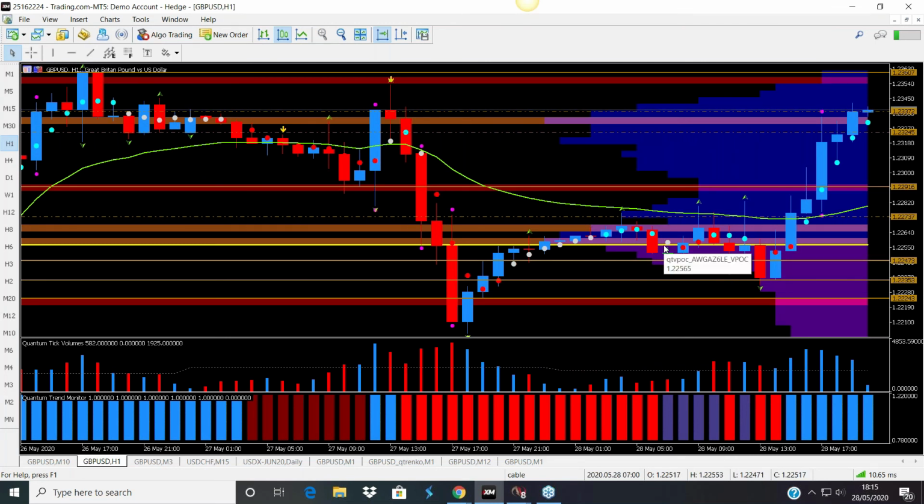What would be really a positive for this to continue higher is we really want to see the VPOC move from here up to here, which it may do, because as we can see, if you look at the histogram, this is the volume point of control: volume, price and time. It's not only price based, but it's also volume based. So if that moves up to there, that gives us more confidence that this is likely to move higher.